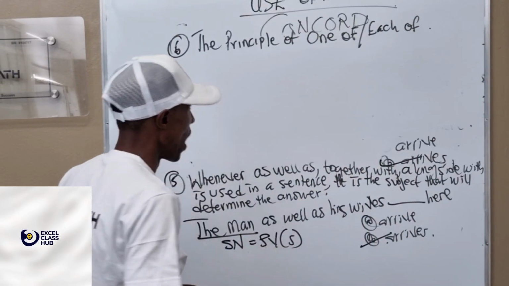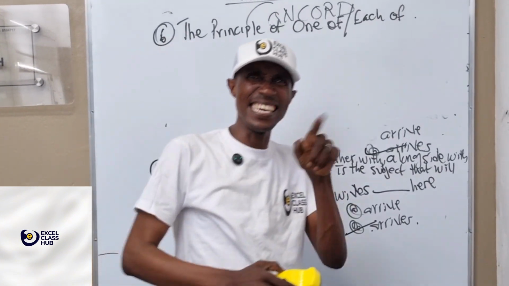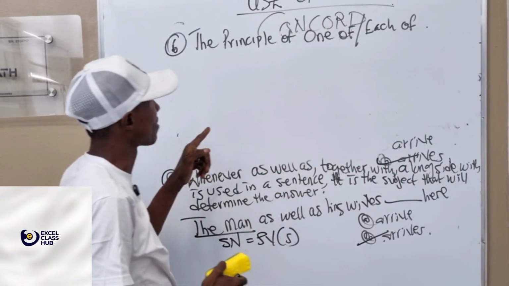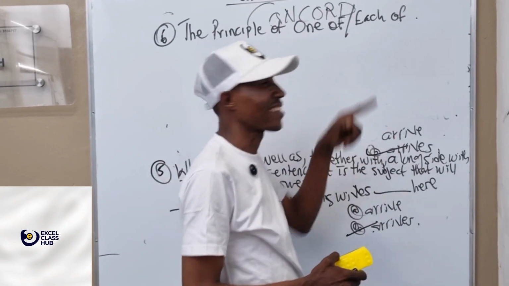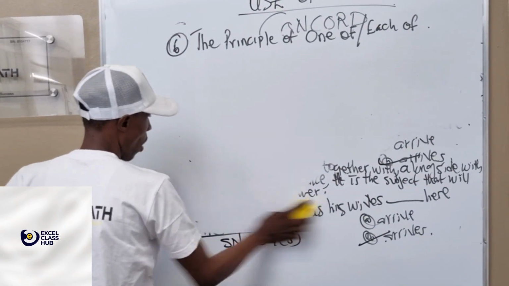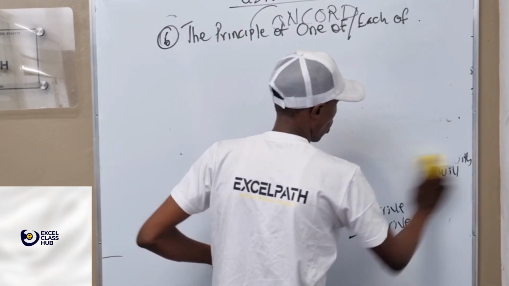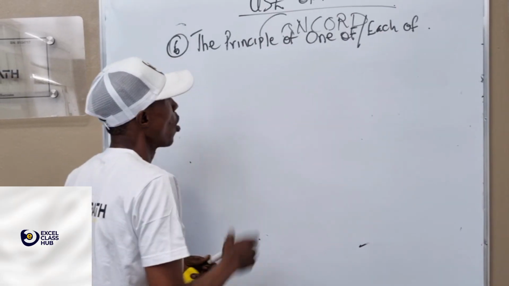Don't forget, we have looked at the principle of one / each, and the one we are looking at now is the principle of one of / each. Are you with me? What is this principle talking about?